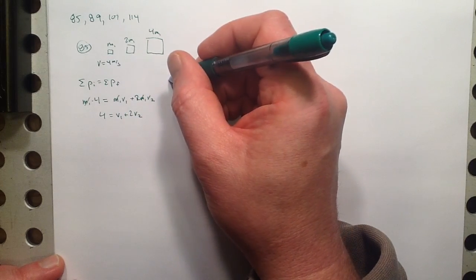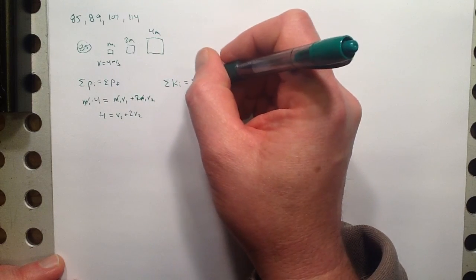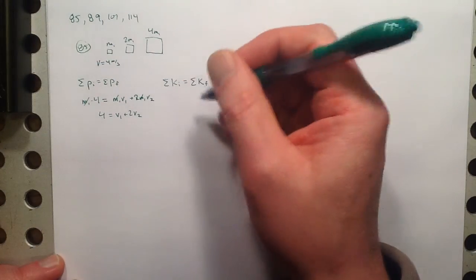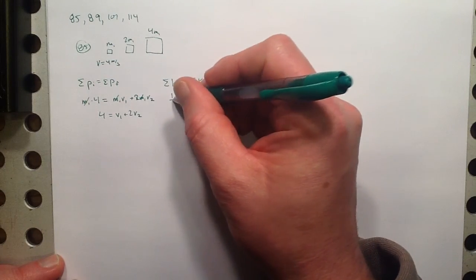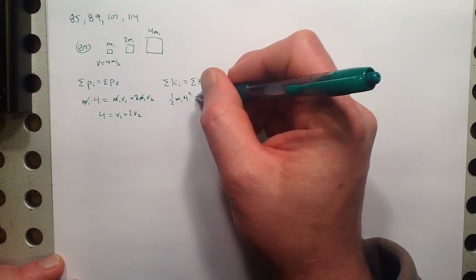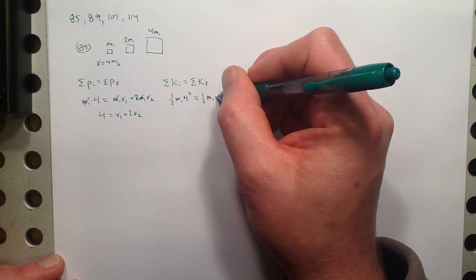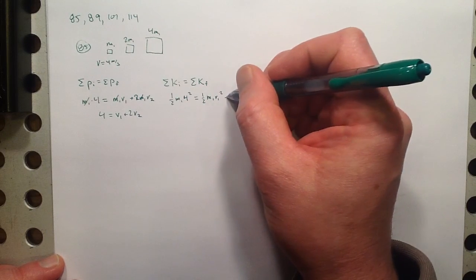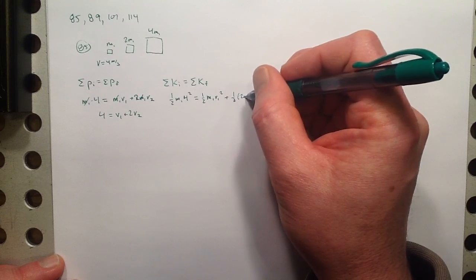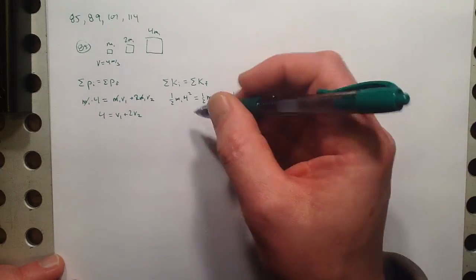But since it's elastic, I know that the kinetic energy is also conserved. So what does that get us? 1/2 m1 times 4 squared is equal to 1/2 m1 times its velocity squared after the collision, plus 1/2 2m1 times its velocity squared after the collision.